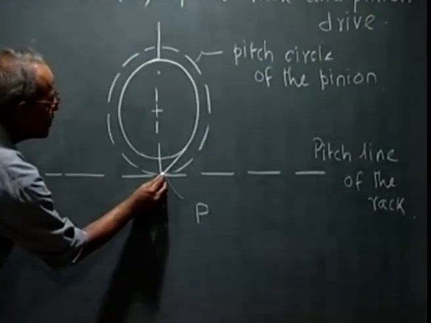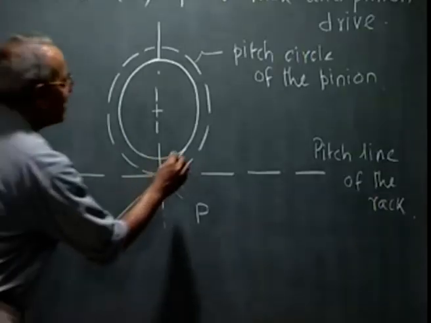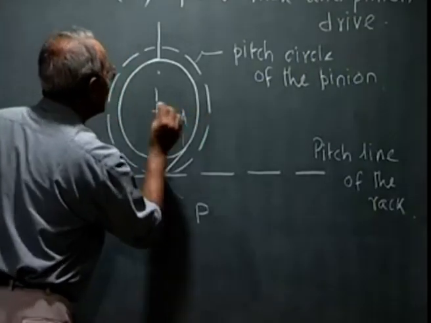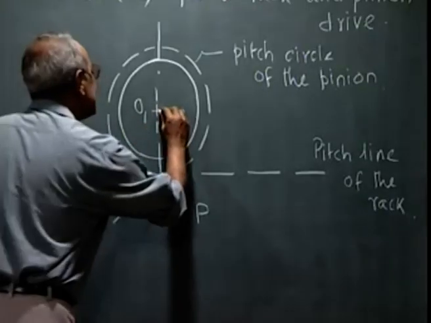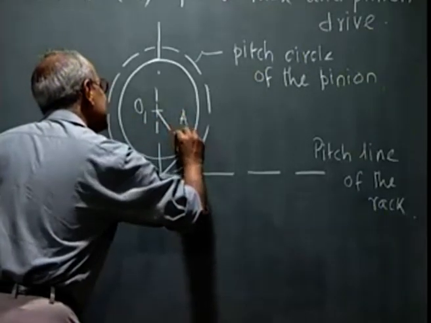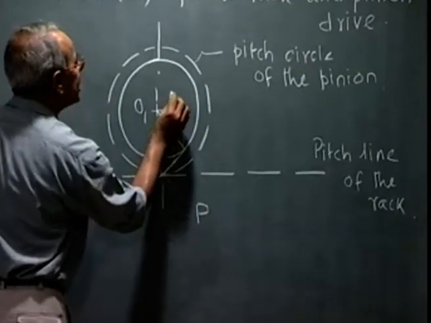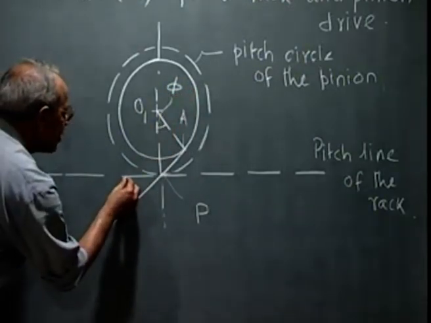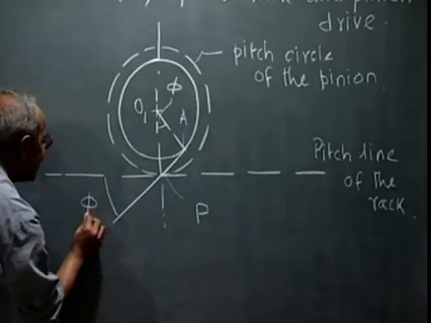This line represents the line of action. Let this point of tangency be denoted by A. This is the center of the pinion. Then this angle is the operating pressure angle phi, which is the same as this operating pressure angle phi.